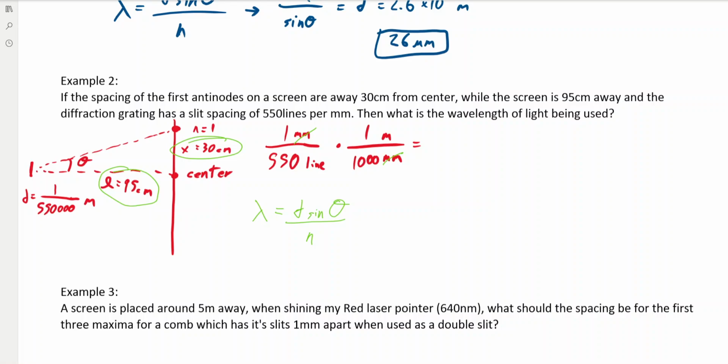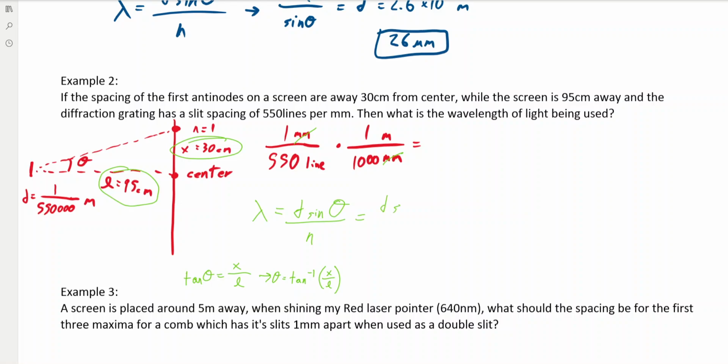And to find that theta, we have to use tan, because we don't know the hypotenuse. So tan equals opposite over adjacent, or x over L. So that changes to theta equals tan -1 of x over L.